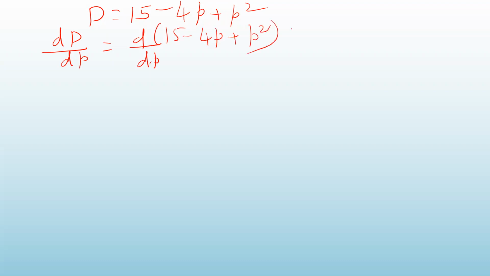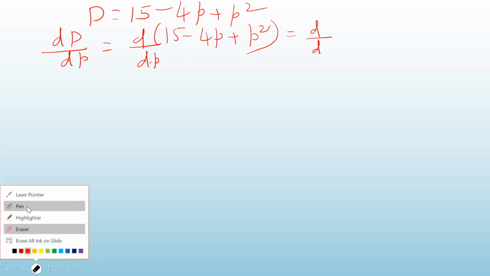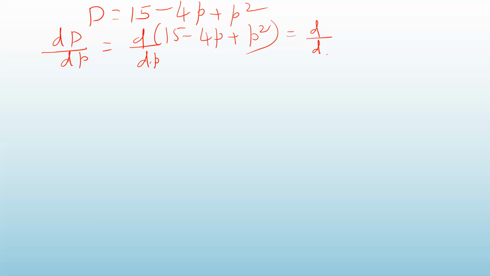What will be its derivative? It will be the derivative of, in place of x, we are having P. That's all. So don't get confused. We are finding the derivative of D with respect to P. So derivative of 15 minus derivative of 4P plus derivative of P square.